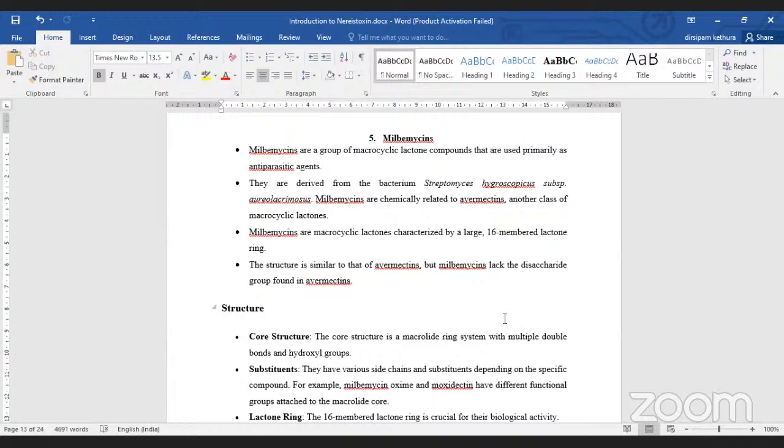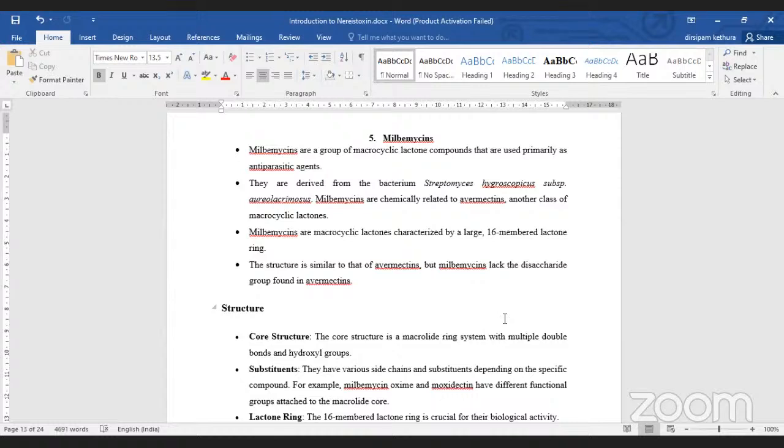We covered these for a few molecules like neonicotinoids, nereistoxin, spinosad, and ivermectins. Under ivermectins, we studied abamectin and ivermectin.